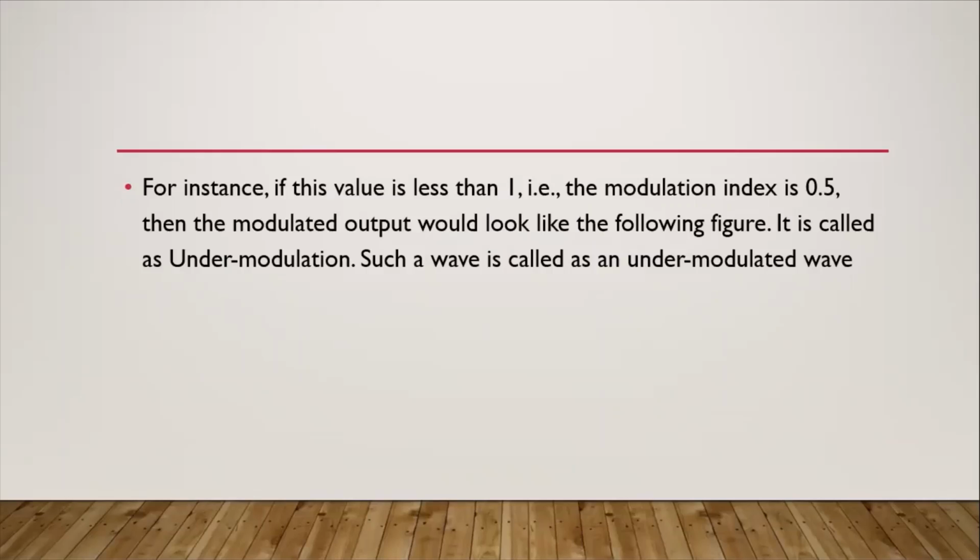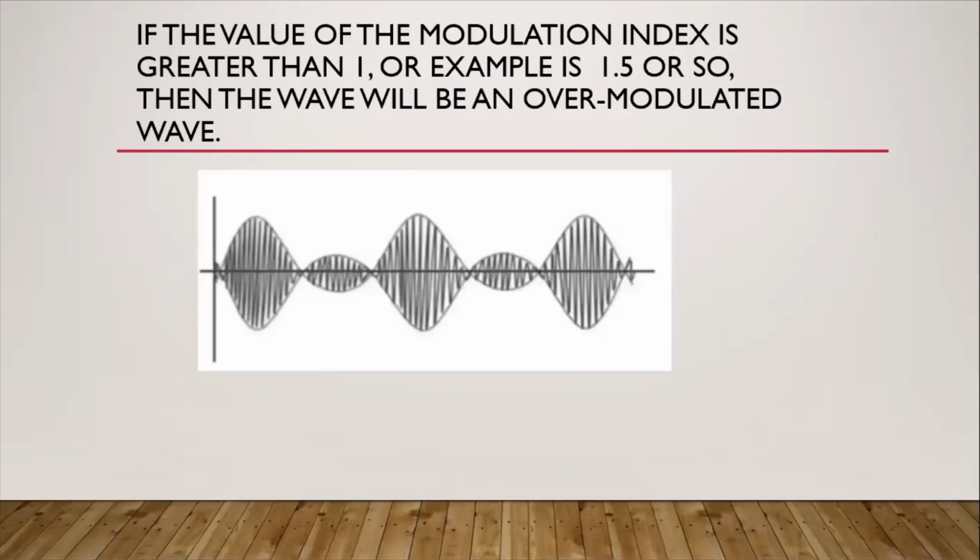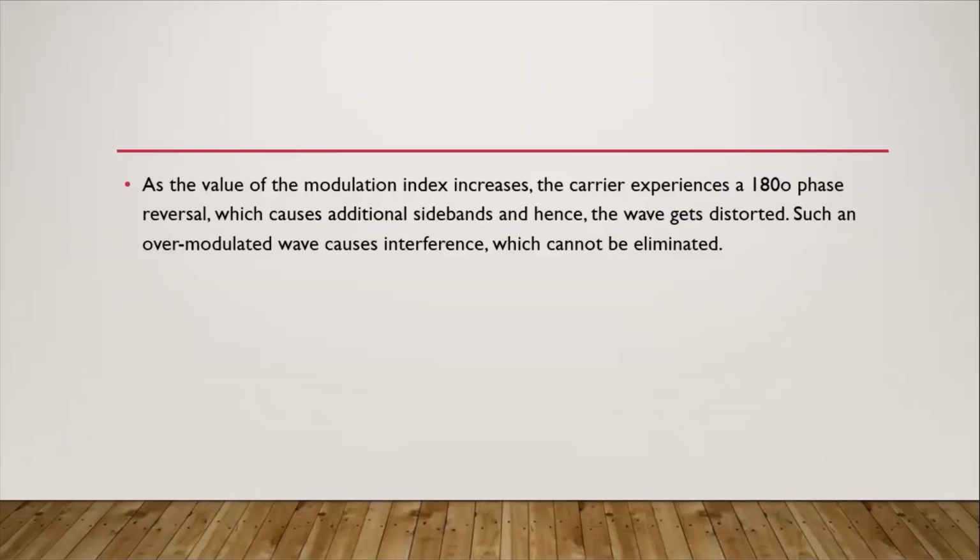This is what an undermodulated wave looks like. In this figure, the value is greater than 1, for example 1.5. This is what an overmodulated wave looks like.